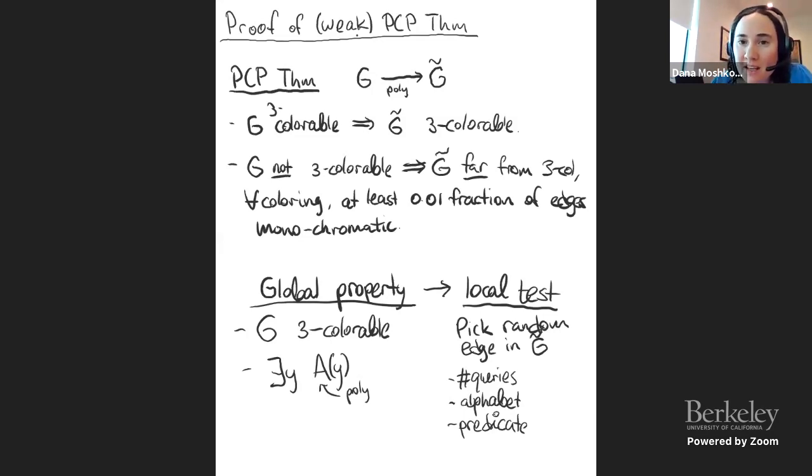The graph itself that I'll construct today is going to be of exponential size in G, but I'll be able to pick a random edge from G tilde in polynomial time. So this is not what's promised.